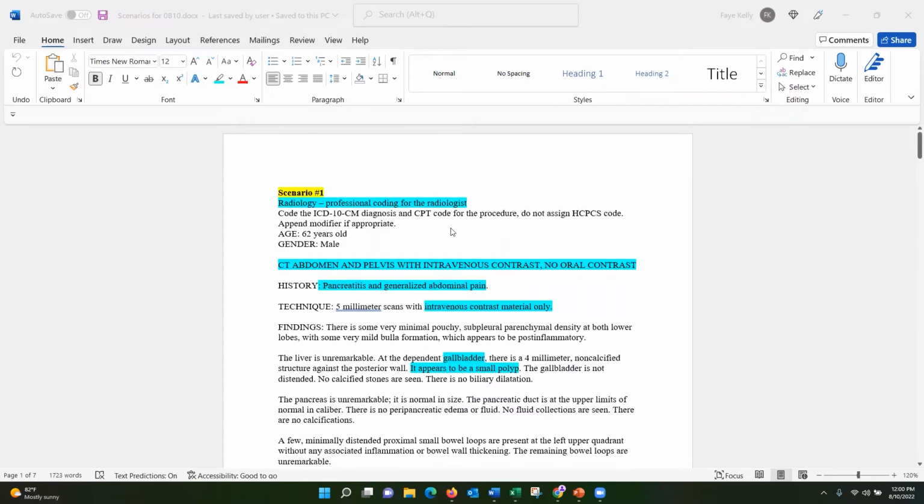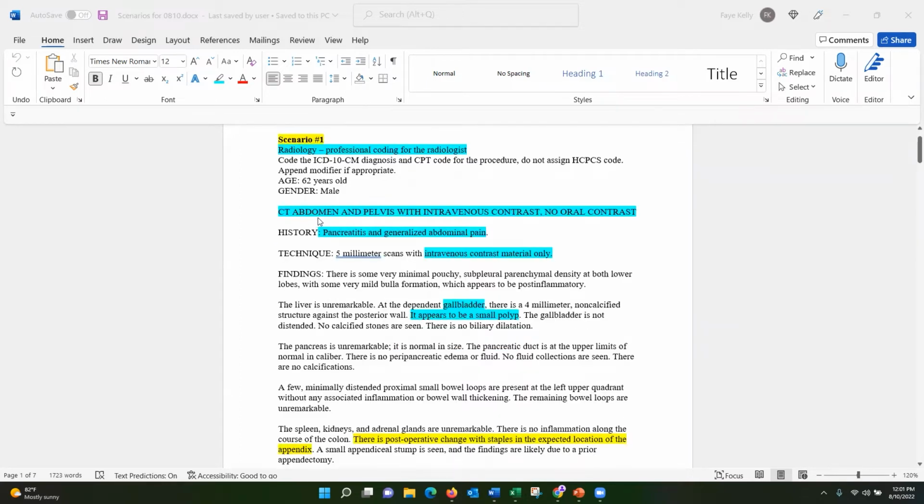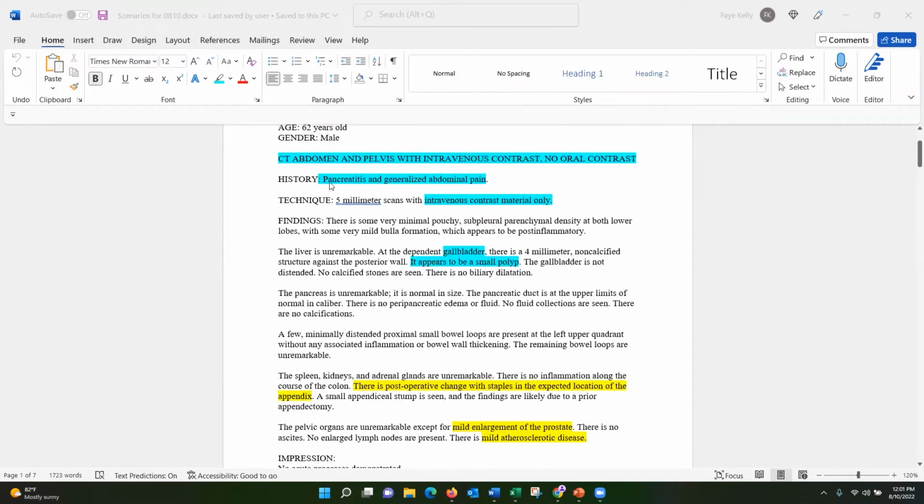The first one was a radiology report, and I mentioned up here professional coding for the radiologist. This is a CT abdomen and pelvis with intravenous contrast. There was no oral contrast. This patient has a history of pancreatitis and generalized abdominal pain.